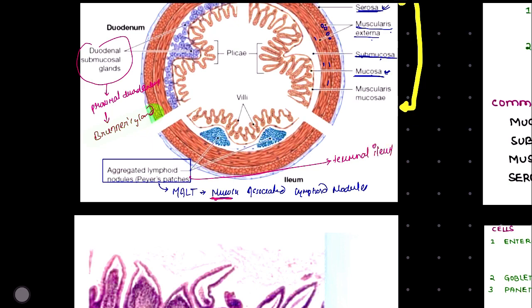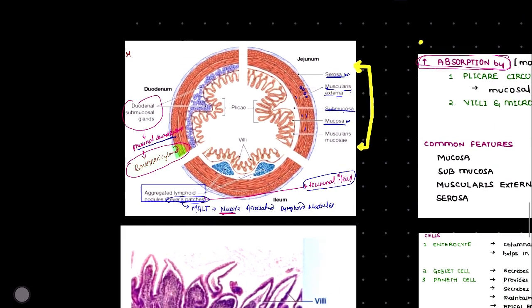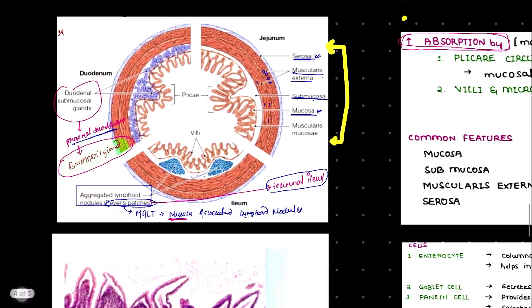We mentioned Brunner's glands, which were found in the proximal duodenum, while Peyer's patches are found at the terminal ileum. Now, in this diagram, we are clear, right? We had a brief idea about what is going on.